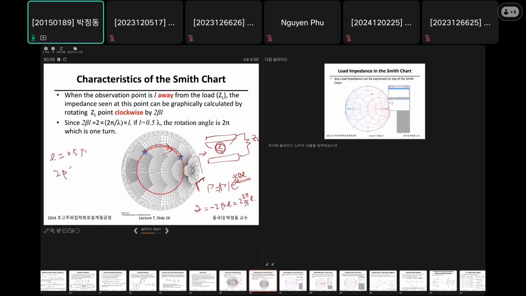This is 2 times 2 pi over lambda times lambda over 2. So this is 2 pi, which means if the length equals lambda over 2, then it rotates by 2 pi. Okay.